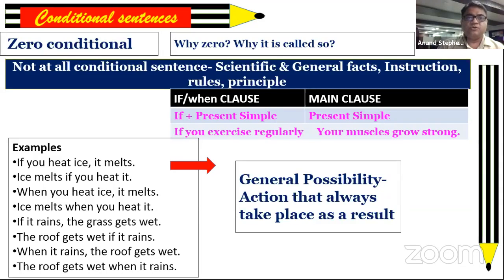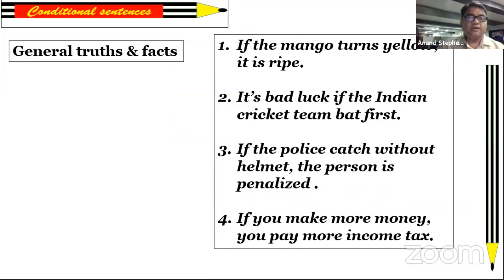So that is why it is a zero conditional sentence. Once again, both the sentences will be in simple present, and we must be aware they will indicate some general truth of our life. These are examples of general truth and facts.